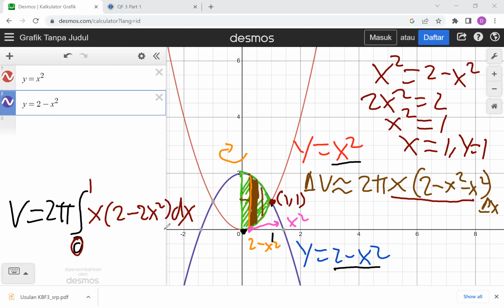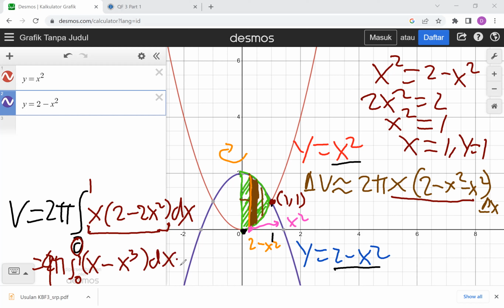Once you get this one, everything will be all right, because you just multiply this integrand and then solve the integral. In that case, we have 2 pi, or 4 pi, times the integral from 0 until 1 of x minus x cubed dx.